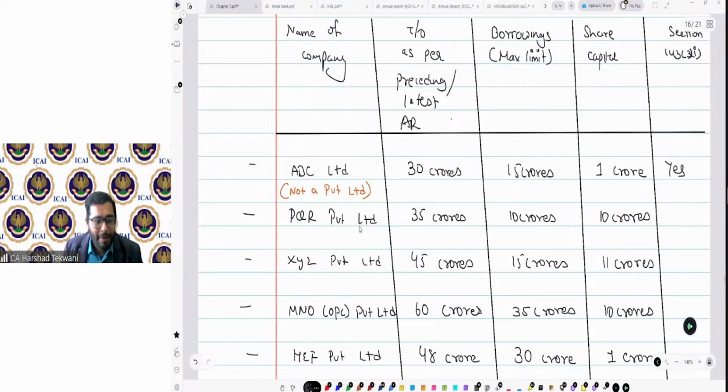Second, PQR Private Limited. First of all, I need to check whether it is a small company. What is the condition for small company, guys?